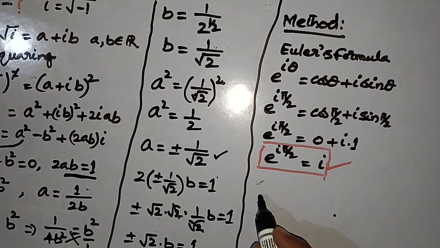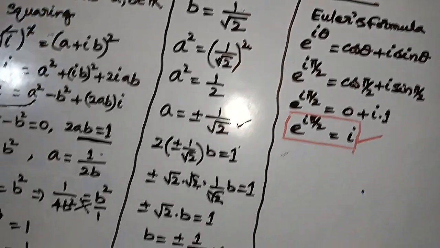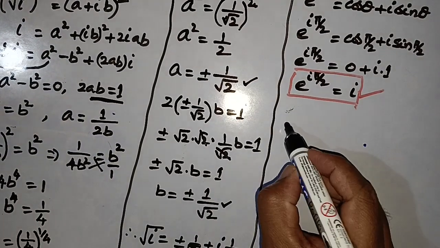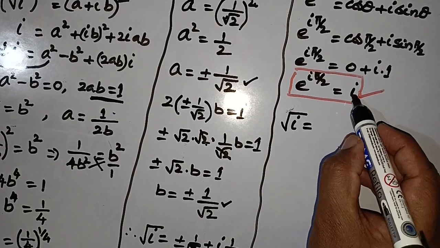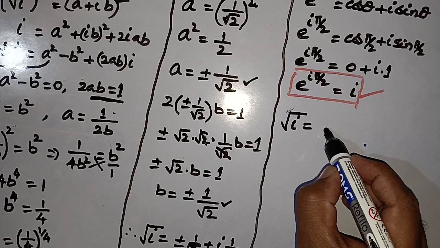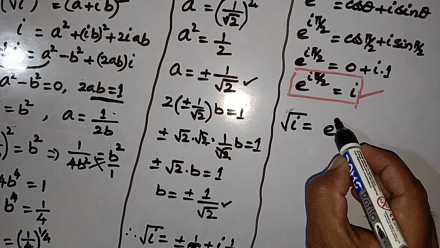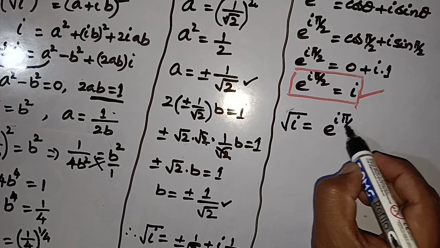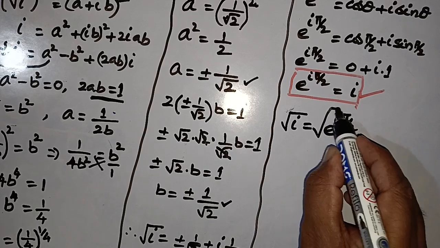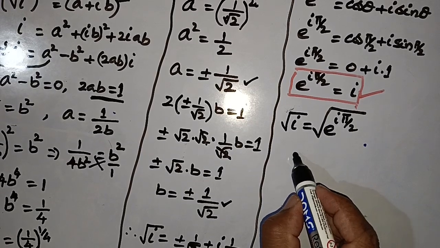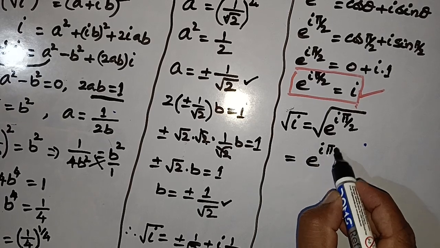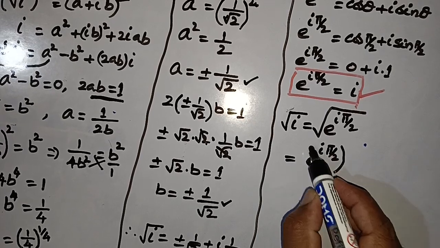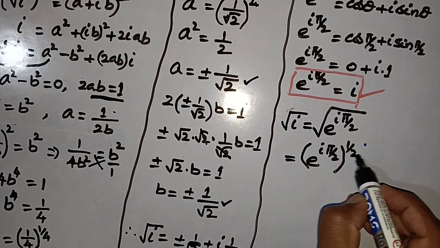So now what we want here, it is required to find root i. Root i is required, and i is e to the power of i pi by 2. So we can write e to the power of i pi by 2 and its square root. So that means e to the power of i pi by 2 whole to the power of half.